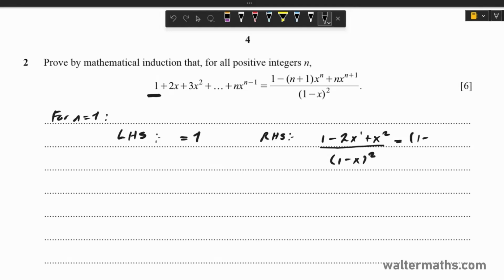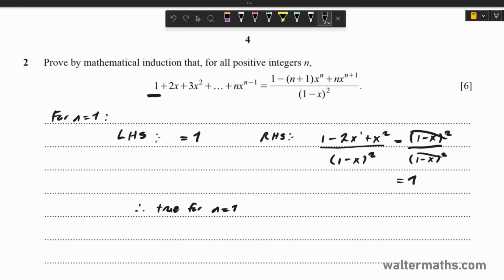It actually is 1 minus x squared when factorized. So it's over 1 minus x all squared, and when these two divide each other, we get 1. So therefore, we are saying that the statement is true for n is equal to 1.